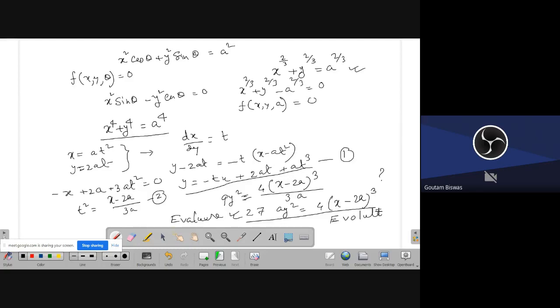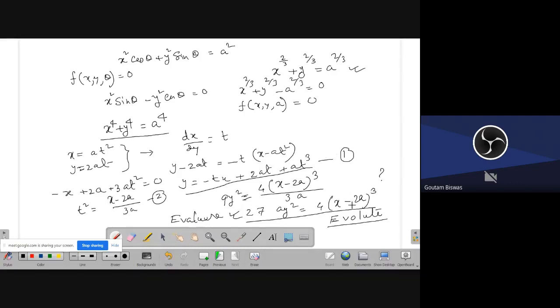This is not the envelope. This is the evolute. That means you take the curve, and you take the tangent and normal of the curve at the point concerned. Then you take the derivative of the equation and put that derivative equal to 0, and eliminate the parameter from these two equations.